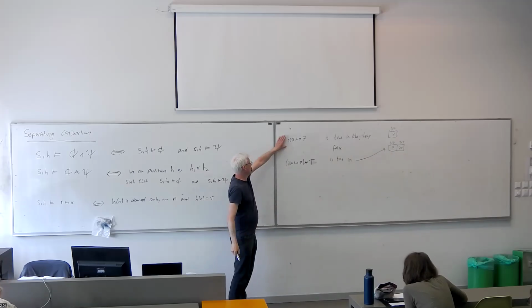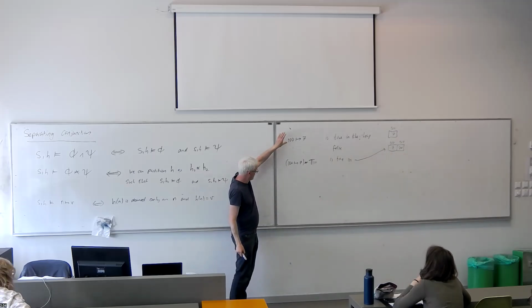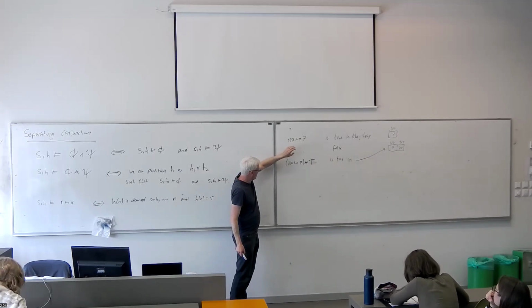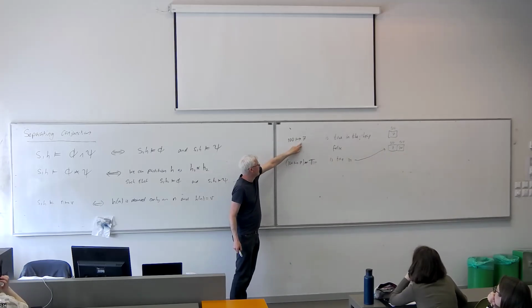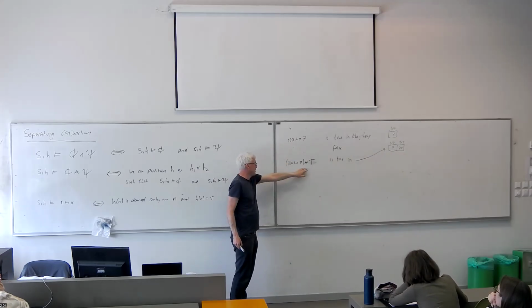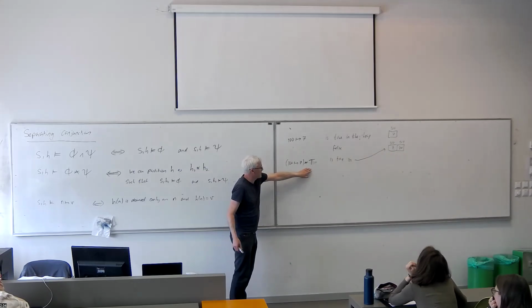Okay, so simply we've got a property that says only the cell 100 is allocated and its value is 7. But we can say that the value of 100 is 7 and some other cells are allocated by using the separating conjunction.